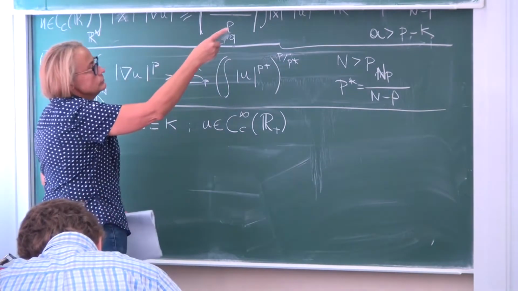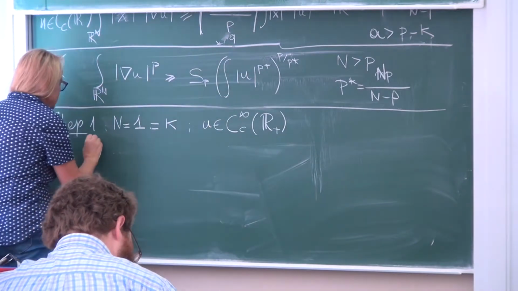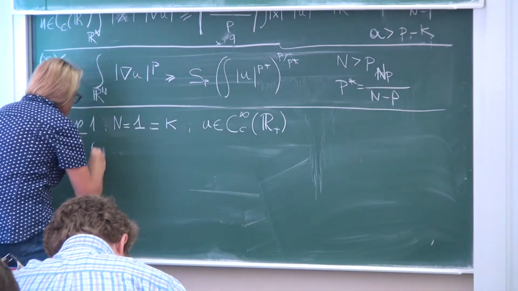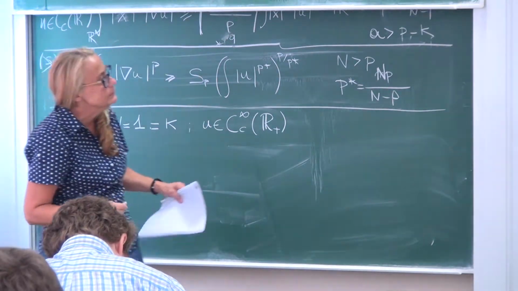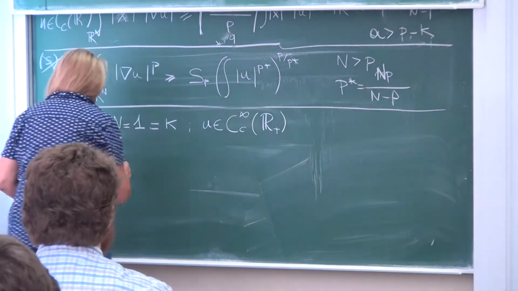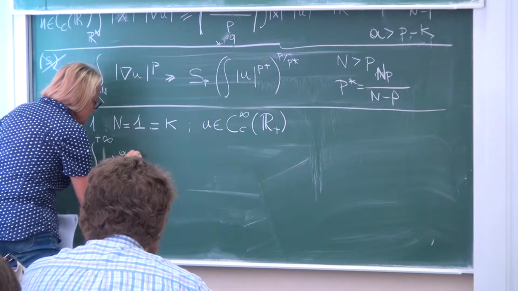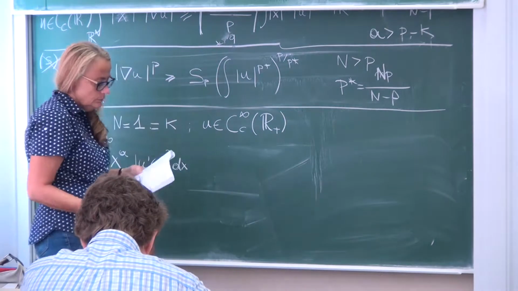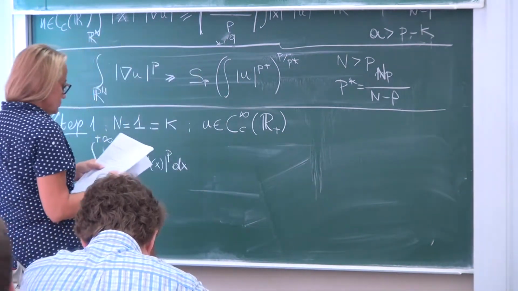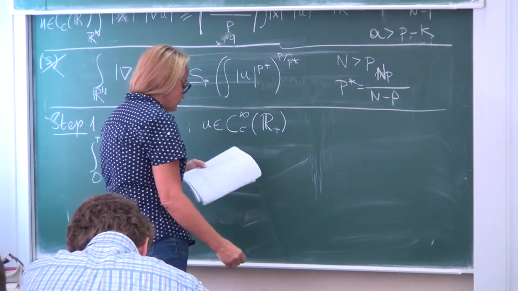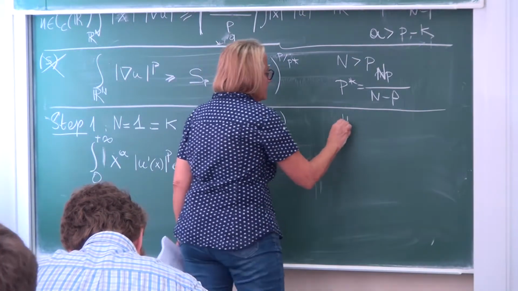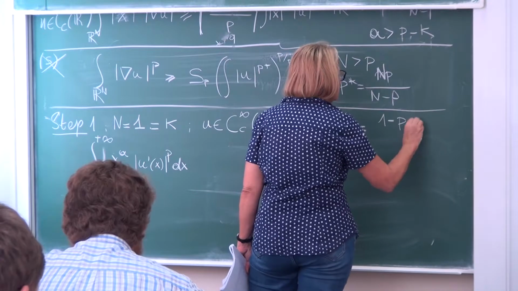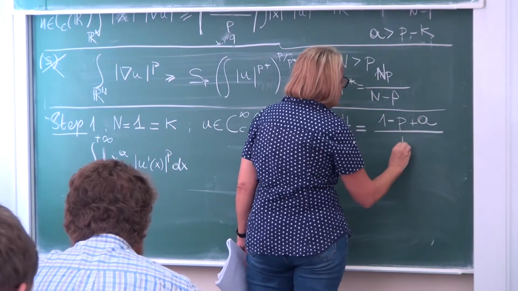So I have to prove that under some assumptions that inequality holds. And since I'm working in the half line, I can simply write this way: x is a positive number, u prime of x to the p. I just have to write this one and put something below. Well, I put h, that famous h, which is n minus p plus a over p.